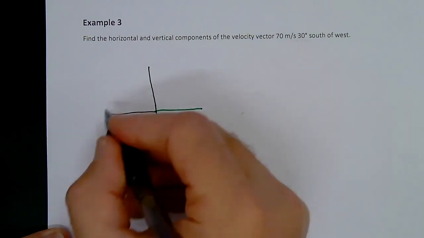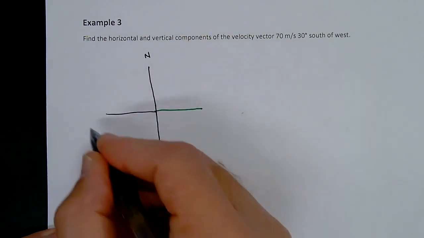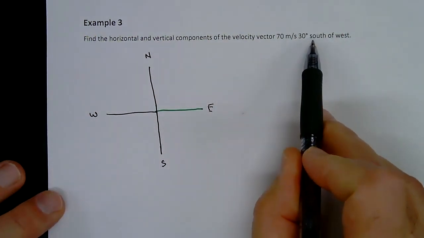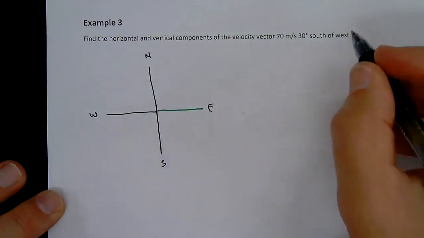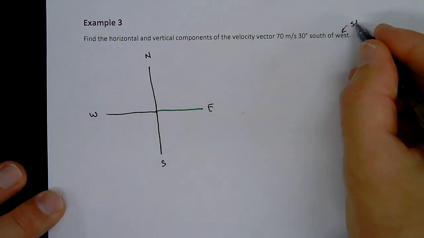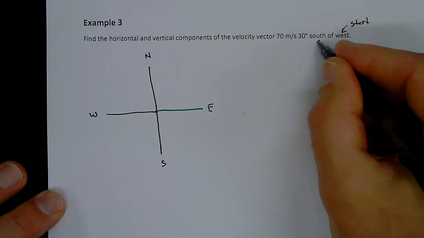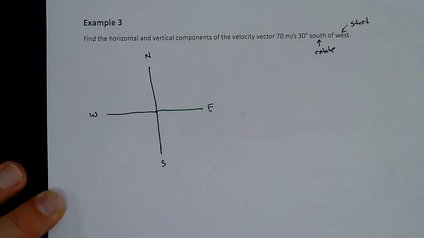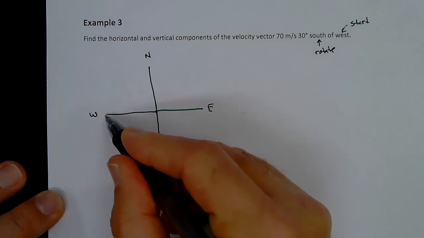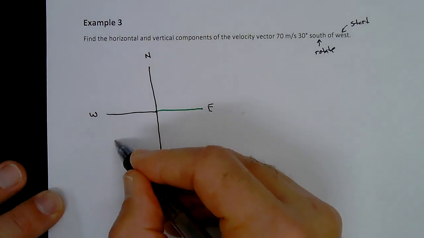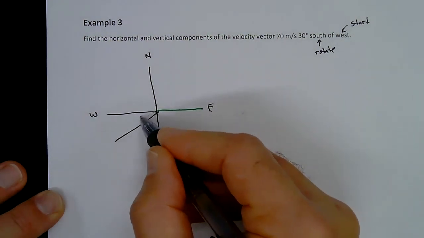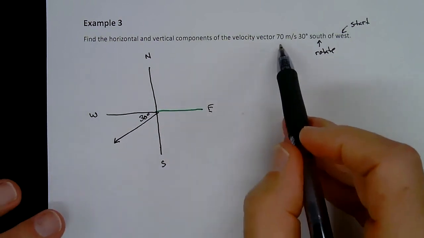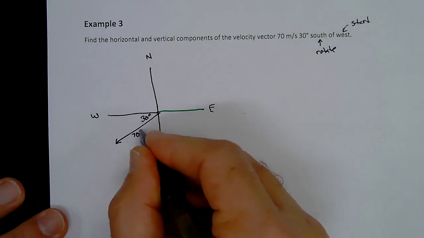This is north, this is south, this is west, and this is east. We want to start at west and rotate into the south 30 degrees. And there's the vector, and I know it's 70 meters per second. I didn't write that on the last one.